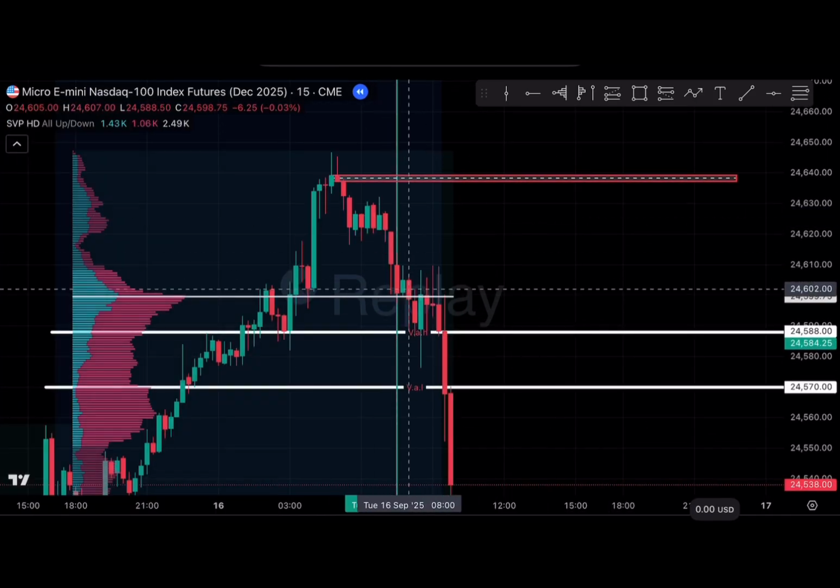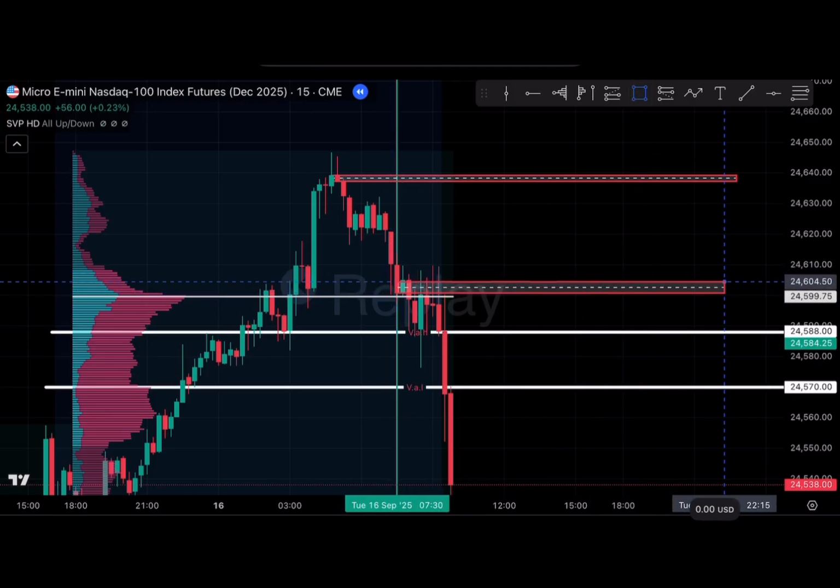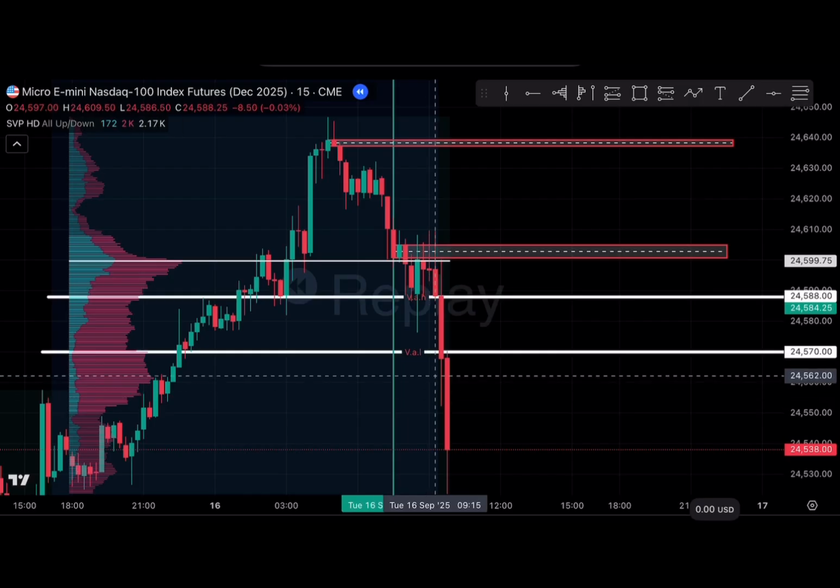We have a cluster as a resistance, and then we have a range balance node zone right here. However, I would choose this as my internal. And after 8:30 a.m., we did get a rejection.